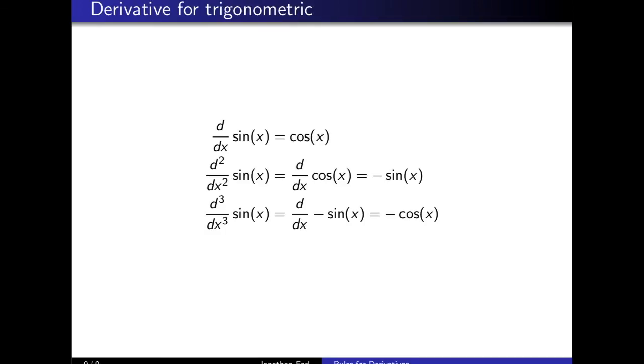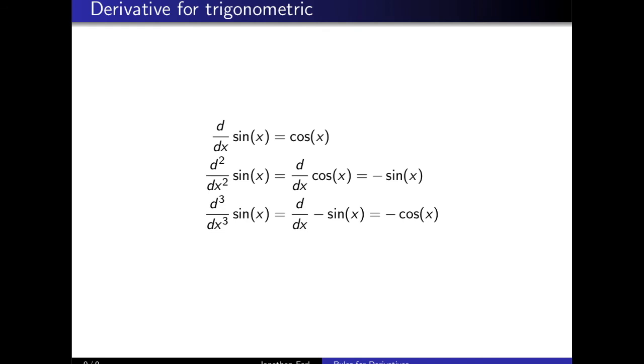And the last two examples are pretty straightforward. We've already said that the derivative of sine is cosine. If we want to find the second derivative of sine, we're finding the derivative of cosine, which we just said is minus sine. So the second derivative of sine is minus sine. Kind of similar to what we said about e, e is its own derivative.